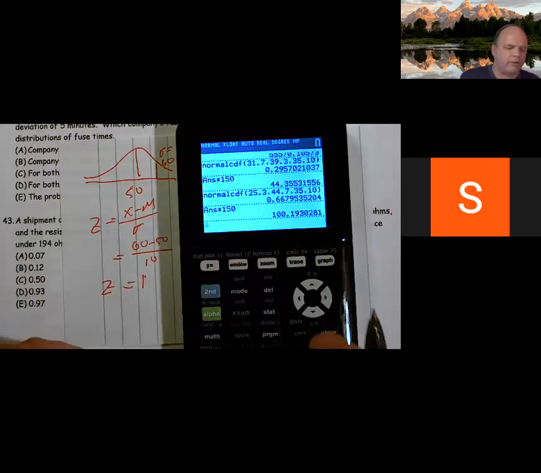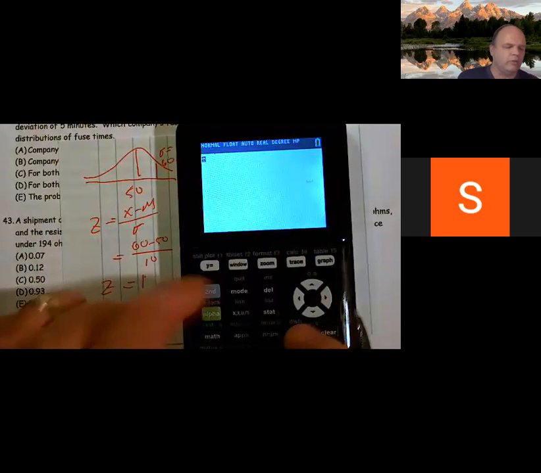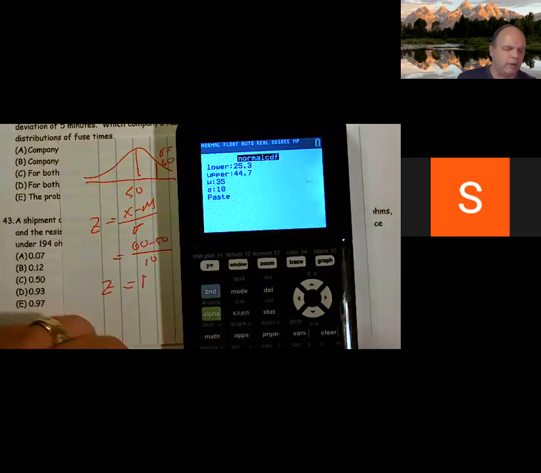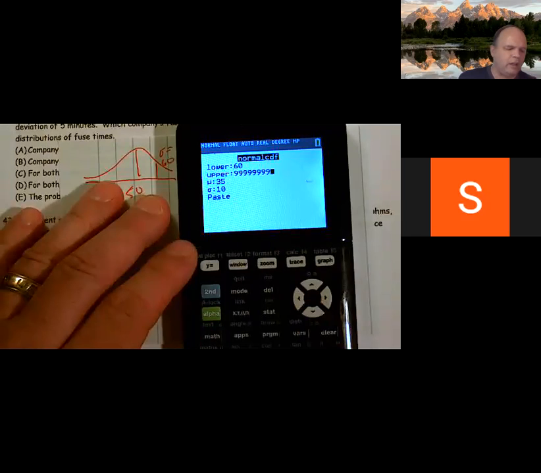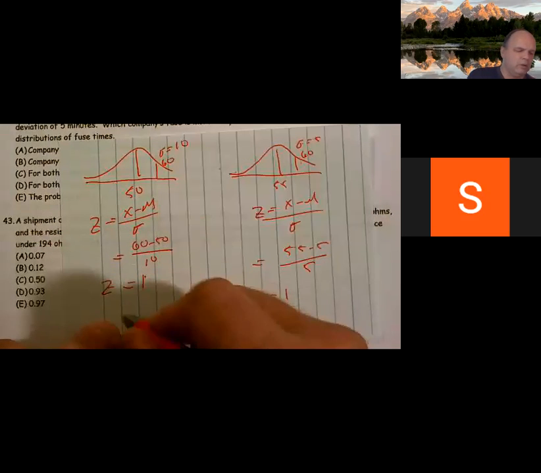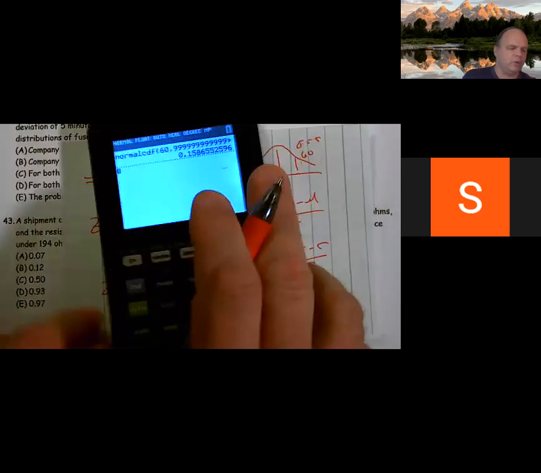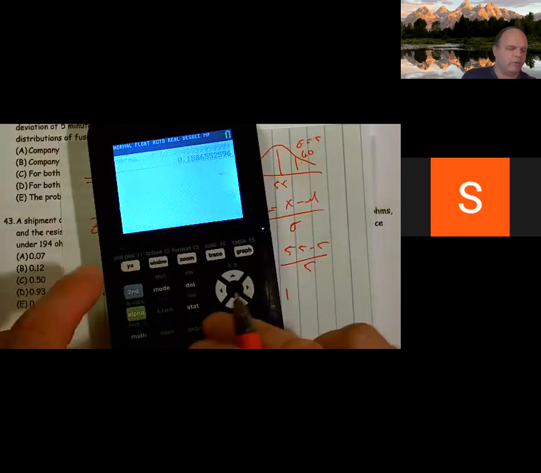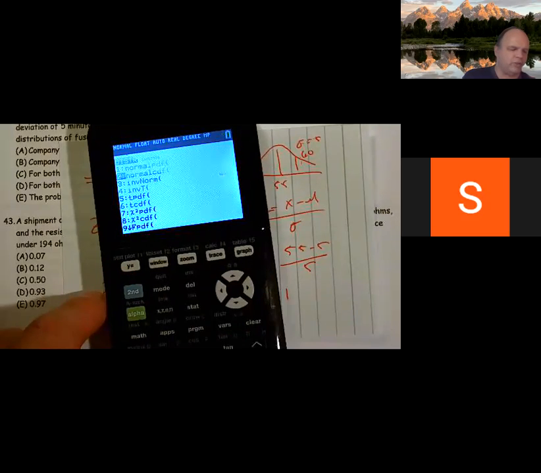I am going to check that out just real quickly so I can show you. Second bar is normal CDF, 60. Upper bound is infinity. Mean was 50, standard deviation is 10. 0.1586 for company 1. For company 2, second bar's norm CDF.